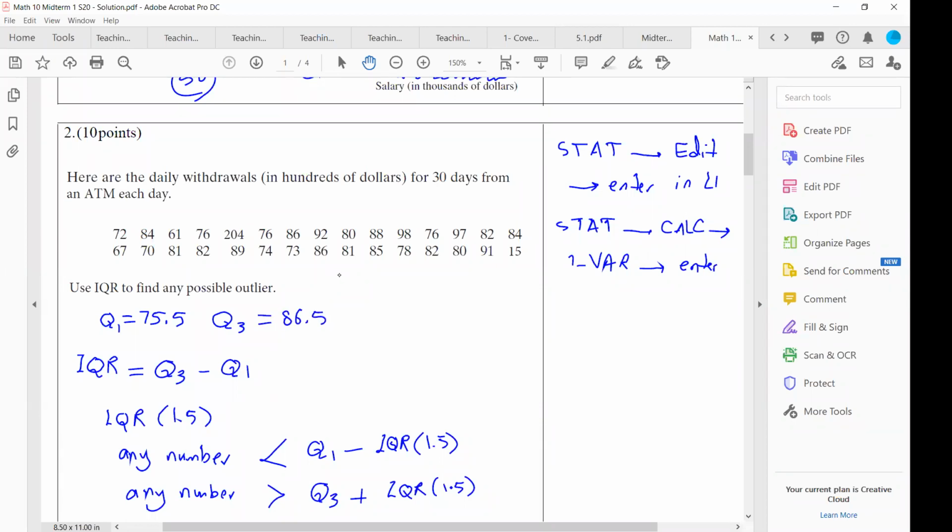So we're done with the calculator. Now we have to do the algebra. Q sub 3 minus Q sub 1, 86.5 minus 75.5. As you can see, your interquartile range is equal to 11.